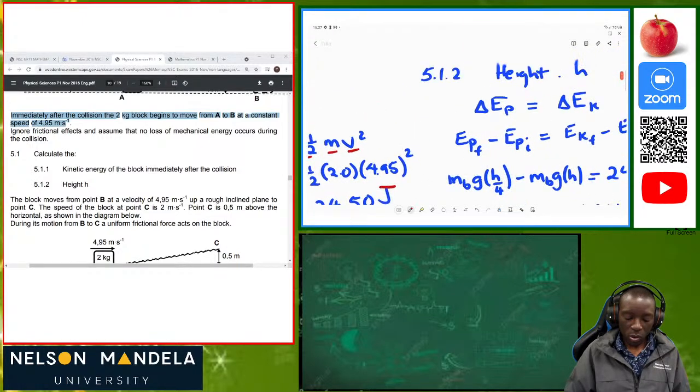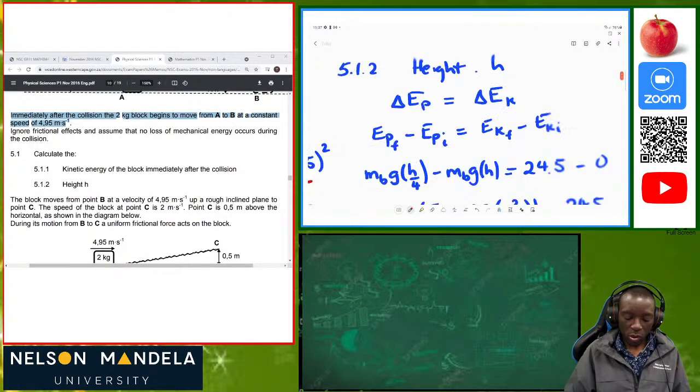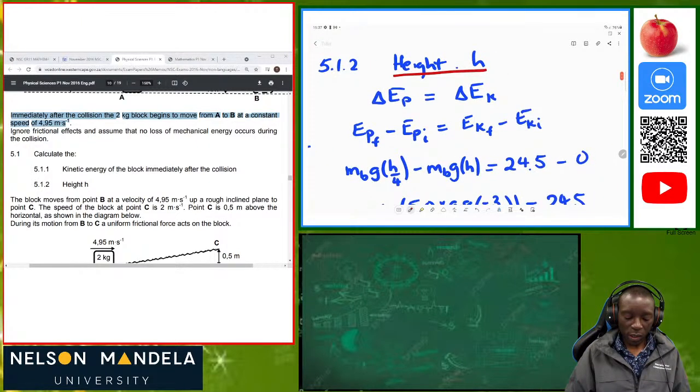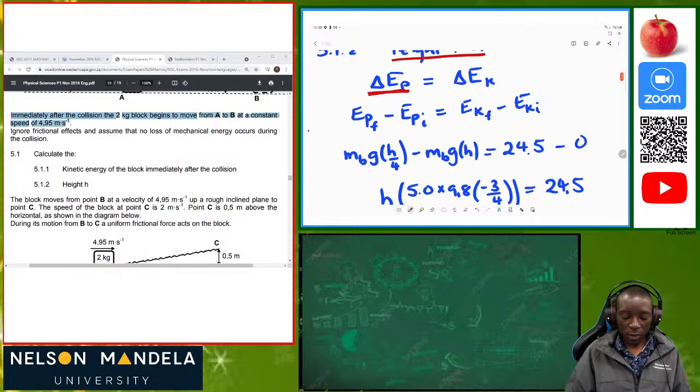And when we went to 5.1.2, we wanted to find H. So for H, we said the change in the potential energy is actually a loss.